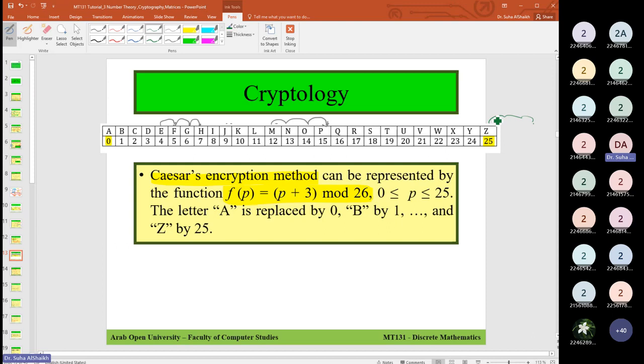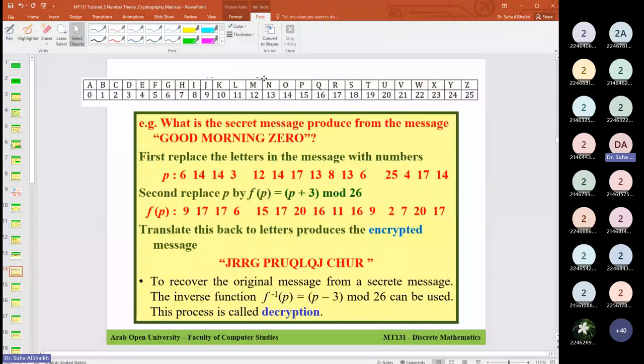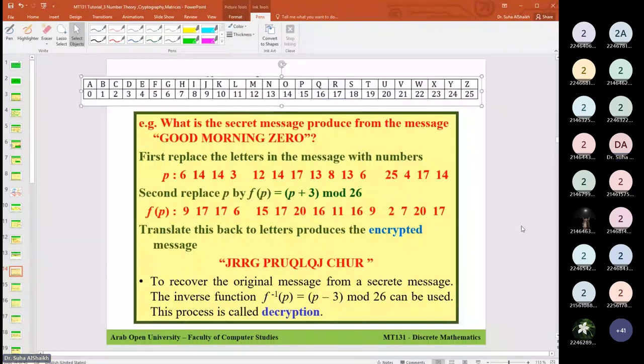So here we have this example. We have this message, and we want to find the secret message from the message, good morning, Zero. Okay? The first step, I'm going to convert each letter into a number. How? From the table. The G, for example, is number 6.